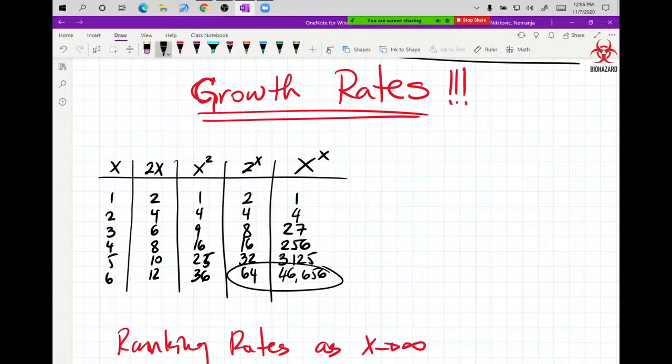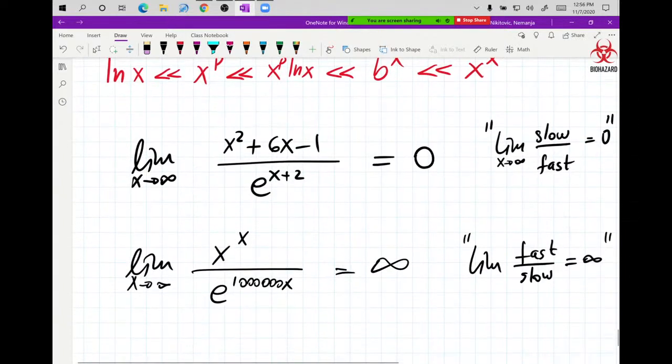Just compare what's happening for number 6. One is at 64, the other one is 46,500. So that's a huge difference in growth. So when you have limit problems, this is an additional tool that you can add to your arsenal, but it only works when x goes to infinity. It doesn't work otherwise.